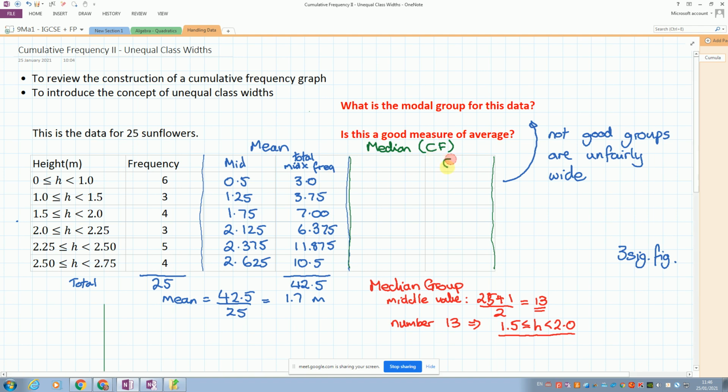One is the CF. How do I calculate CF? What's CF for the top line? What does cumulative mean? 6.